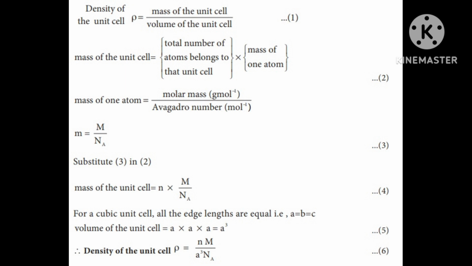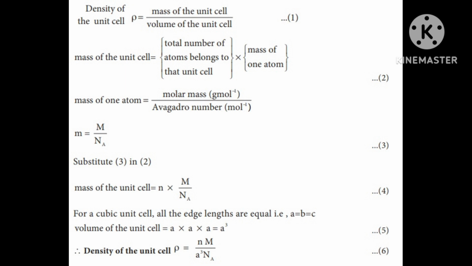Means 22.4 liter is equal to 1 mole, or 22,400 ml is equal to 1 mole. This is the first concept of 1 mole. Second concept: 1 mole is equal to molecular mass. If it is in terms of weight, molecular mass is equal to 1 mole.